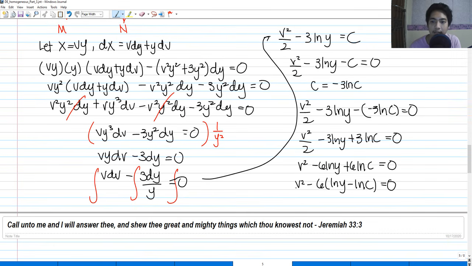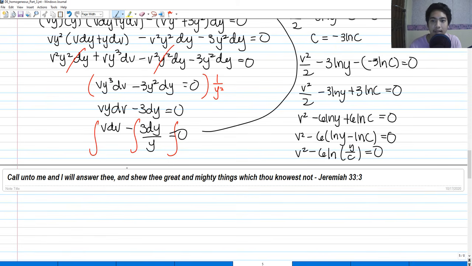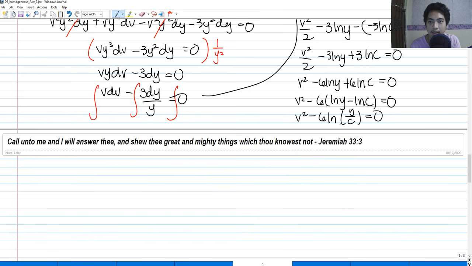I factored out the negative 6. So this becomes v squared minus, this can be simplified as 6 ln of y all over c equals 0. And then I can transpose the negative 6 ln of y all over c to the right side so that I have v squared equals 6 ln of y all over c.